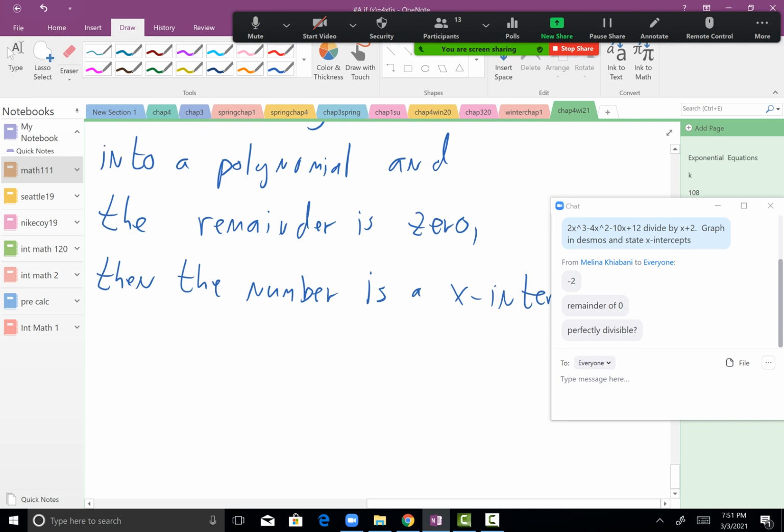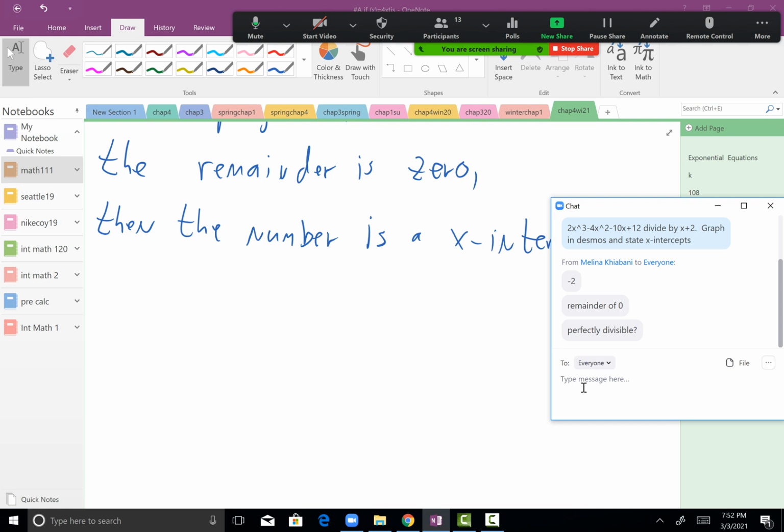Okay. So I'm going to put another one in here. Did I put 2 of them in there? I can't even remember now. I think I just gave you one. Yeah, I just did. So let's go 2x to the third minus 12x squared plus 22x minus 12.